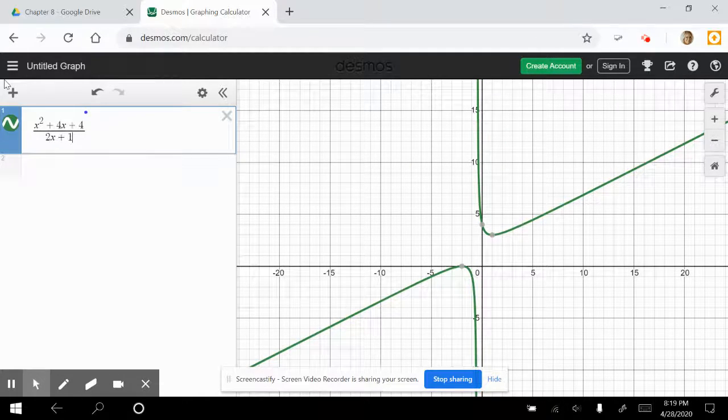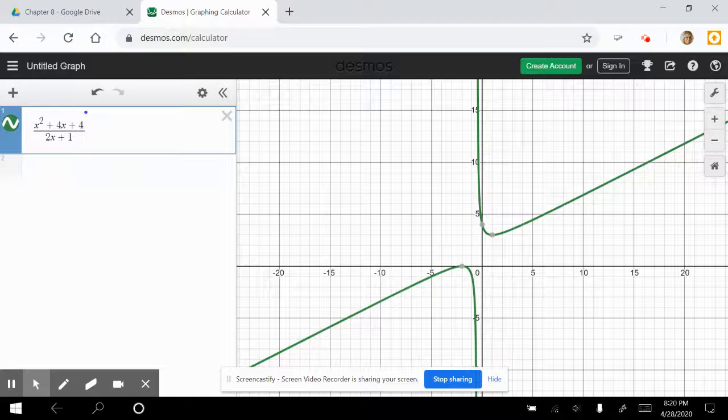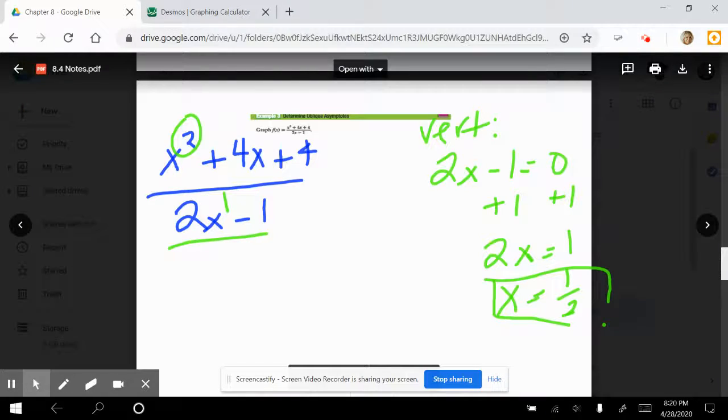You'll notice again that, oh, maybe I did that wrong. No, I didn't. My vertical asymptote appears to be at negative 1/2, but I'm not quite sure why.